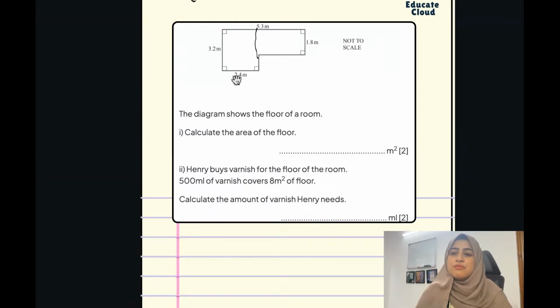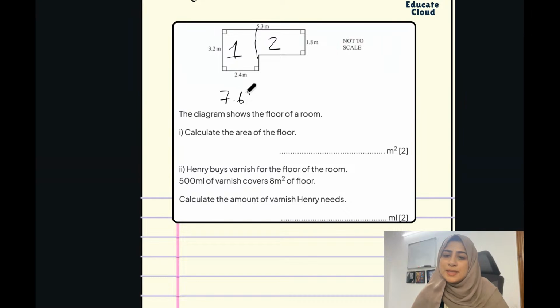So we're going to do 3.2 times 2.4 to get the area of part 1, and let's break it down into part 1 and part 2. So 3.2 times 2.4 is going to give me 7.68. And then to get this one, we need this length. This length is going to be 5.3 take away 2.4, because 5.3 is the whole thing.